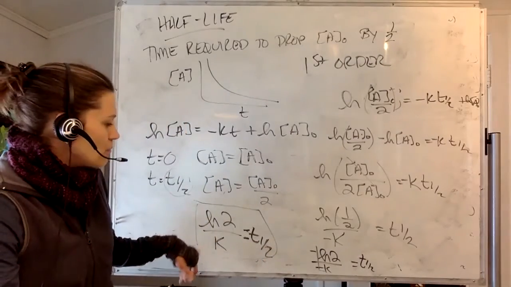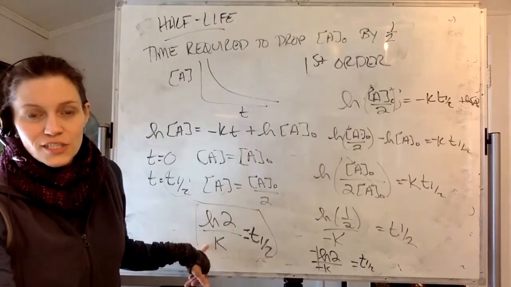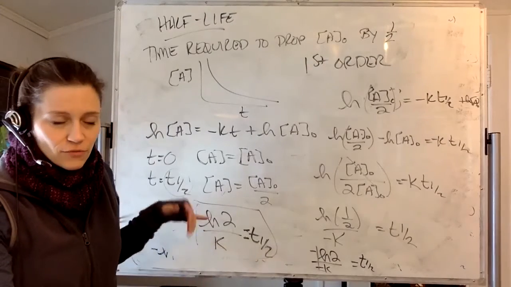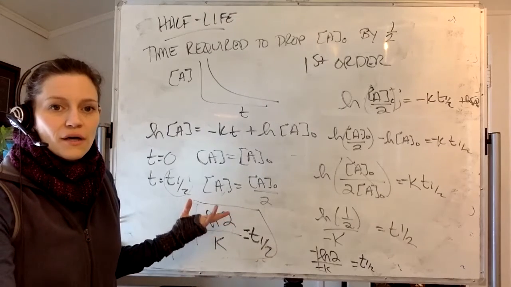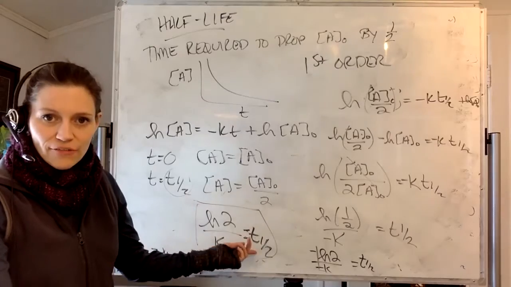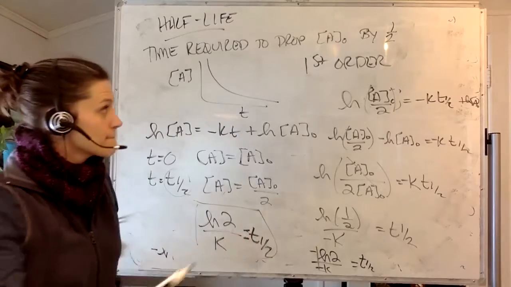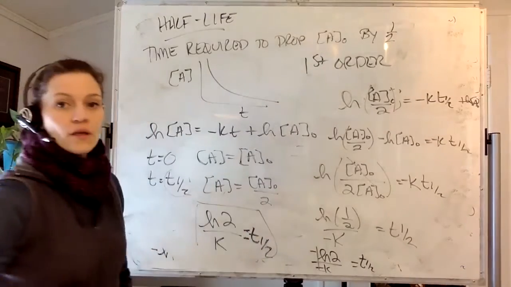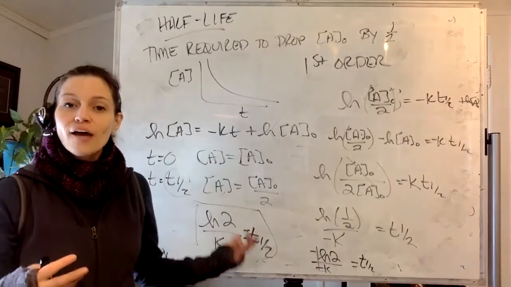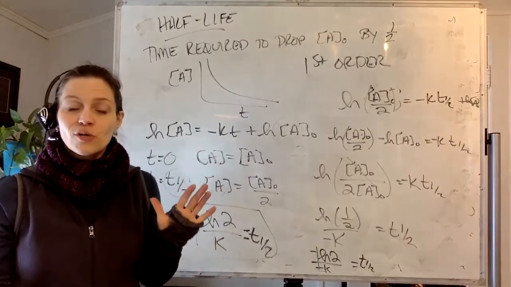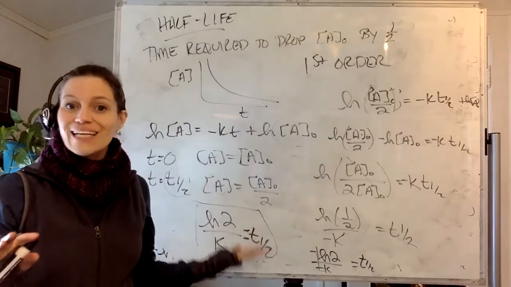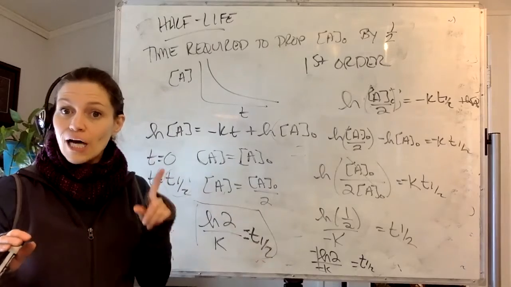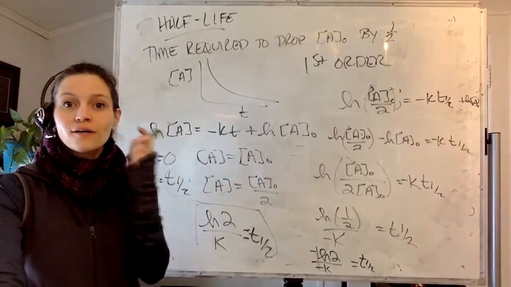Okay, cool. So anything interesting about this relationship between k and half-life? Notice what's missing: the initial concentration. So the half-life for a first order reaction has nothing to do with the concentrations that you're starting with. It's independent of concentration. Not true for other reactions.